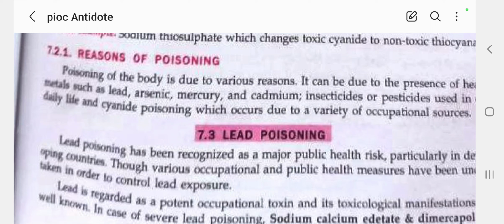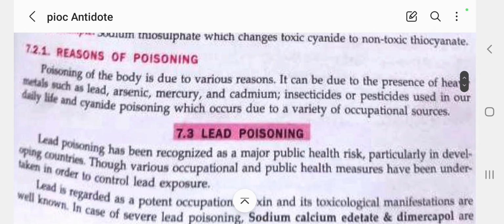Even apricot seeds, bitter almonds and peach seeds contain cyanide. If swallowed, they can cause death, but the person can be treated immediately by giving the antidote.